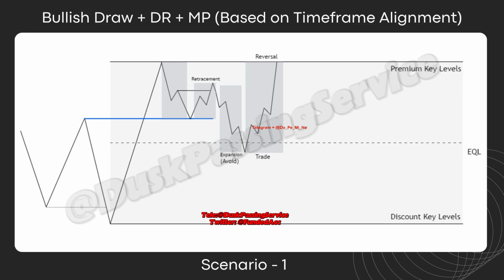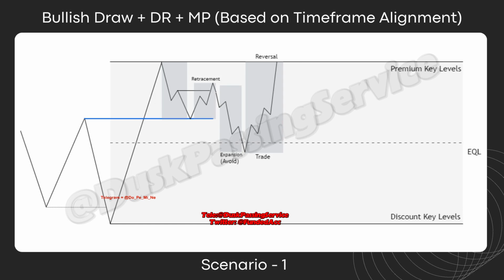When you see that price has offered this movement, you're going to regard that movement as a retracement instead of a reversal, and you'd know that the most likely scenario is for price to go over that retracement and expand lower again before it could move higher, because price has yet to test a discount key level. So you should keep this in mind.